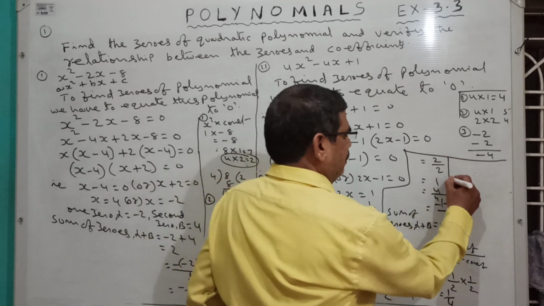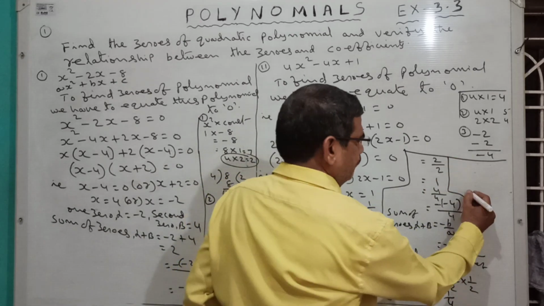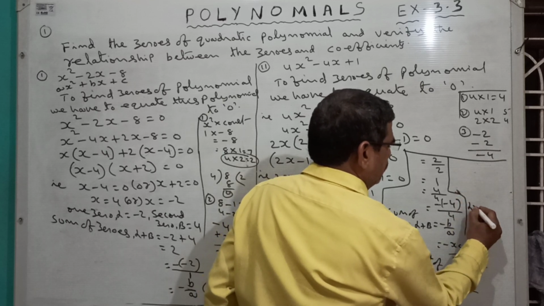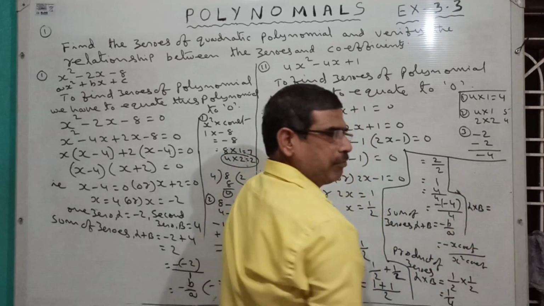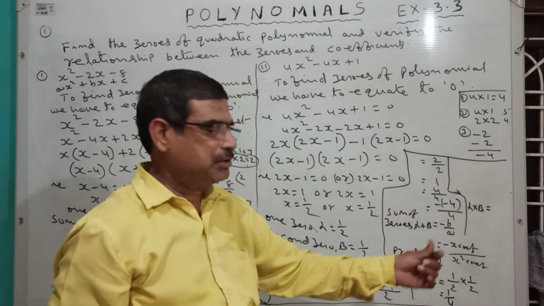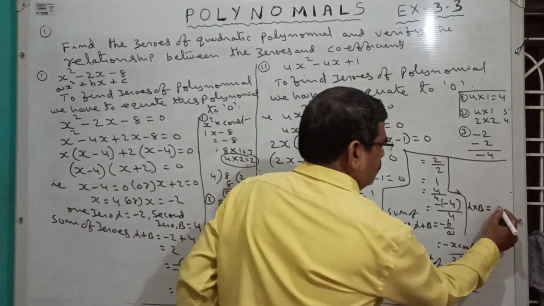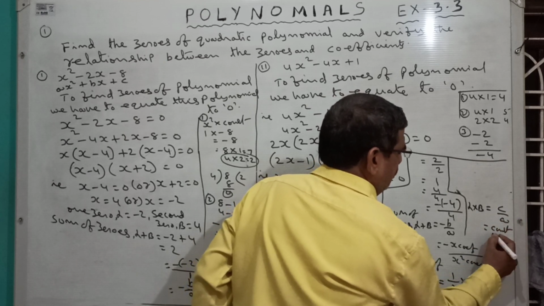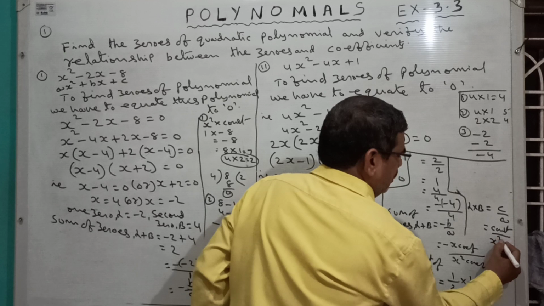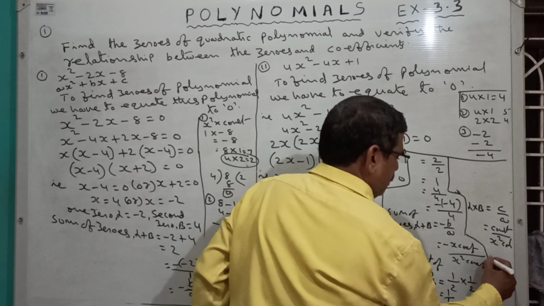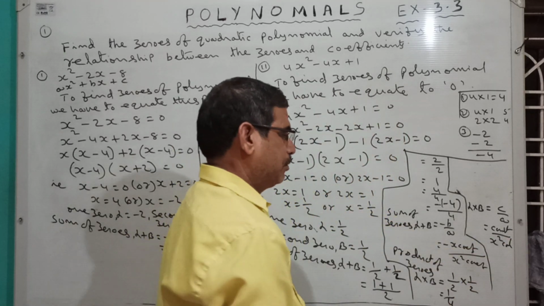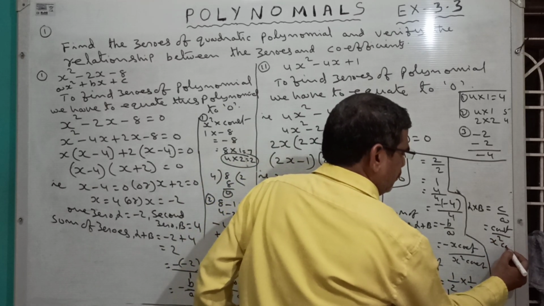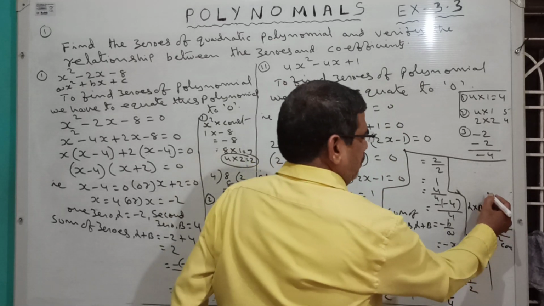So simply do here. Alpha into beta is equal to, what is the formula? Product of zeros, c by a. So c by a, that is constant by x square coefficient.